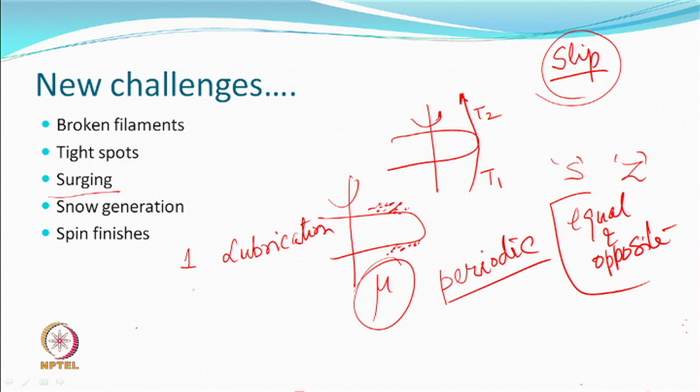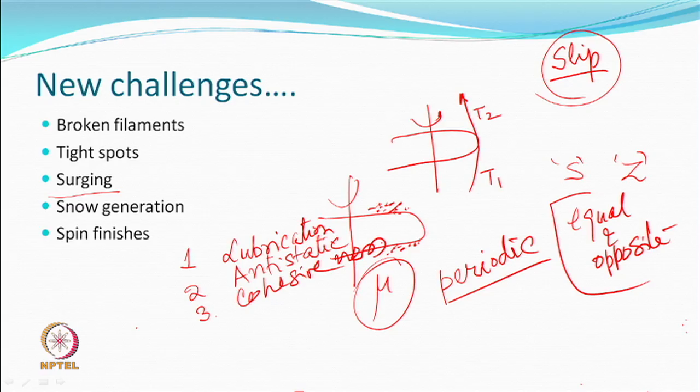Other function normally is antistatic, and the third function could be cohesiveness, that is keeping all the filament together, so they do not behave like 36 individual filaments, they behave like one yarn. Weak bonding, but they are together, all right. So, they remain together, that is one.